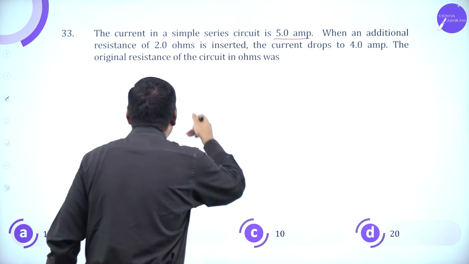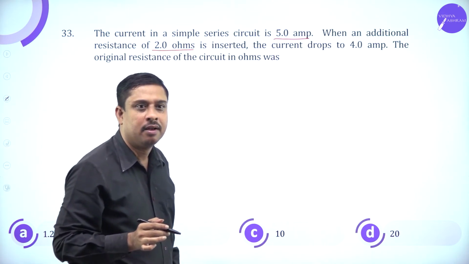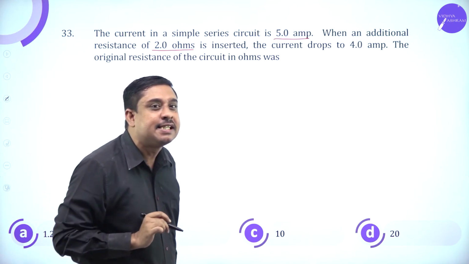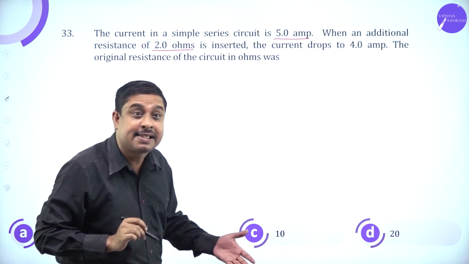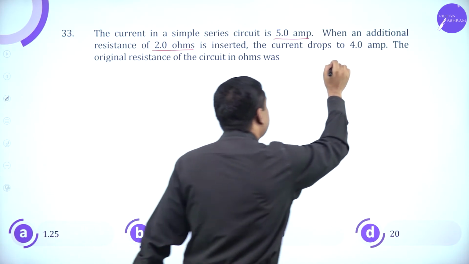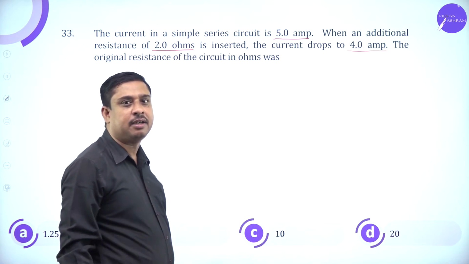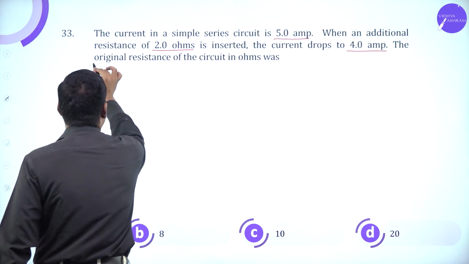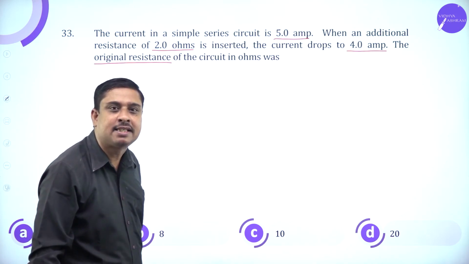When an additional resistance of 2 ohms is connected with R, the resistance increases, so the current drops to 4 ampere. The original resistance of the circuit has to be calculated.